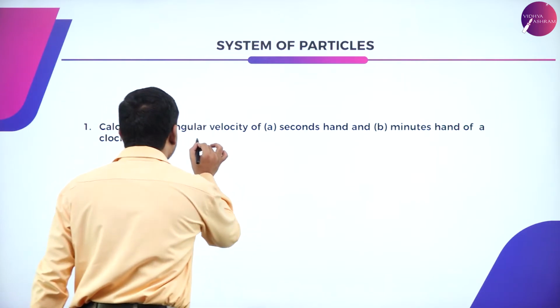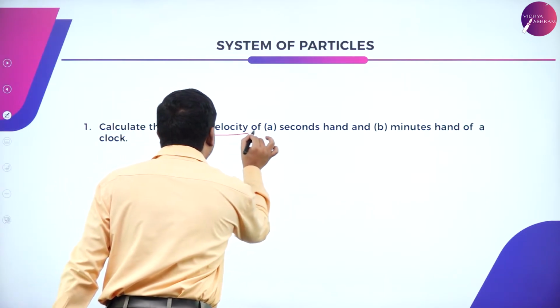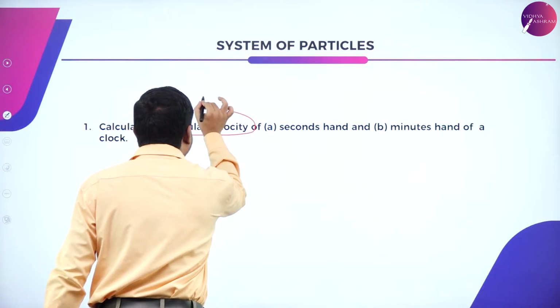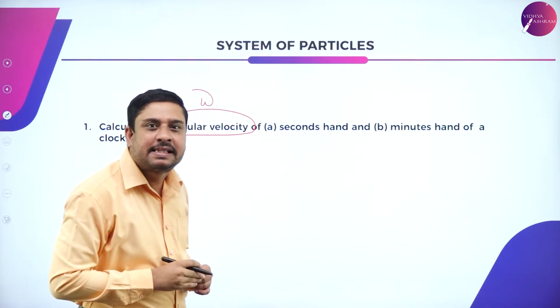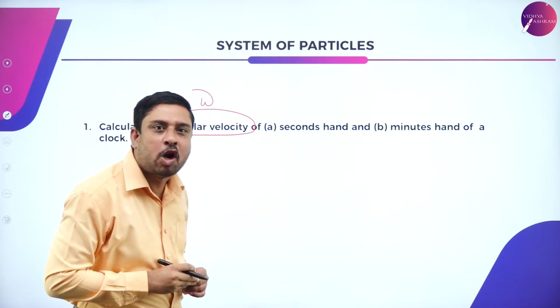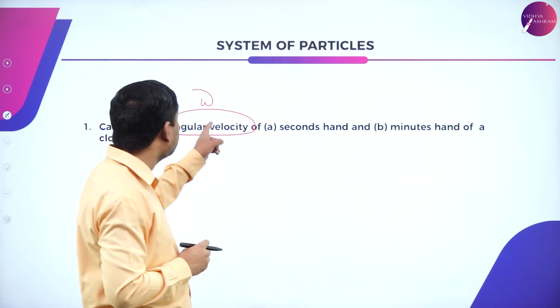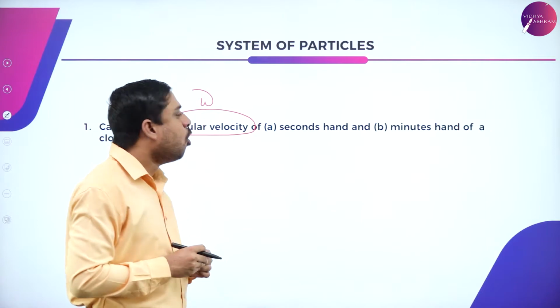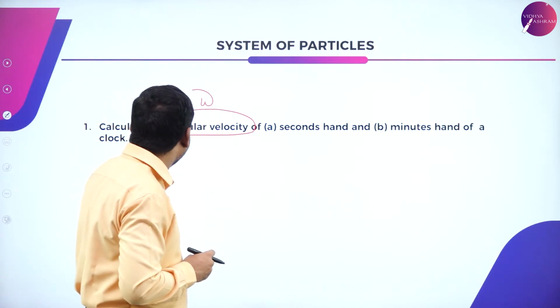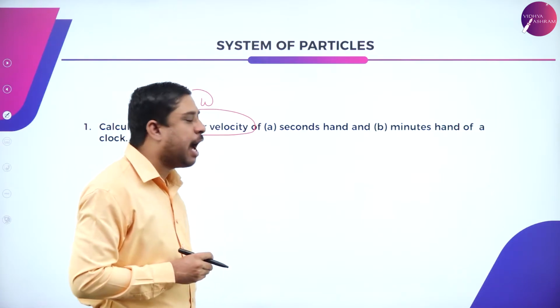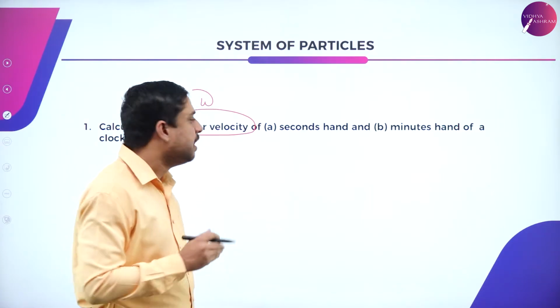Calculate the angular velocity. How did we represent angular velocity? Through the symbol omega. So calculate the angular velocity.